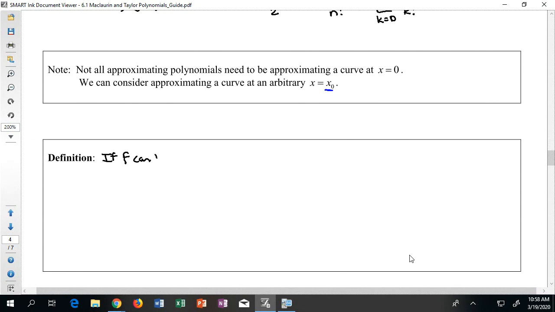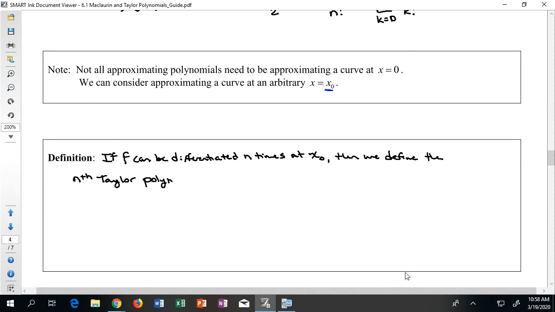If f can be differentiated n times at a value of x naught, so that's just some value out there, then we define the nth Taylor polynomial for f about x0.